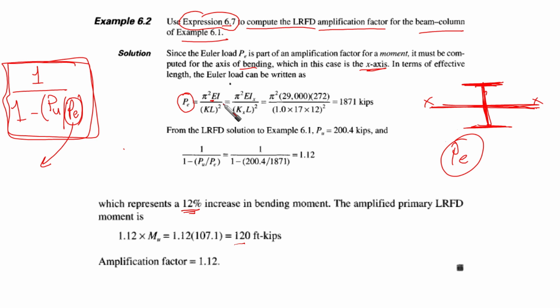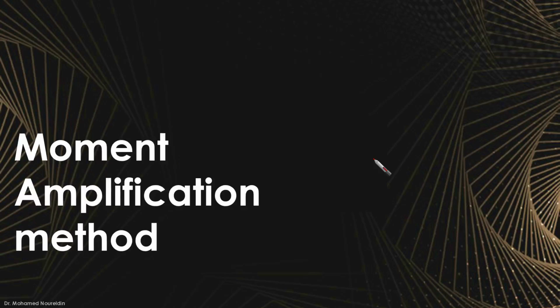The Young's modulus is 29,000 ksi for the steel cross section. It is known for us because we used it from example 6.1. I remember that it was W10 by 49, if I'm not wrong, so let me check this.